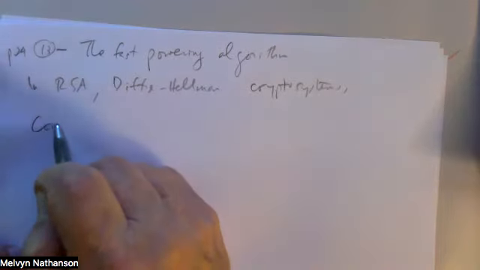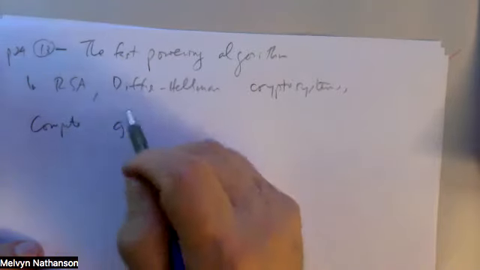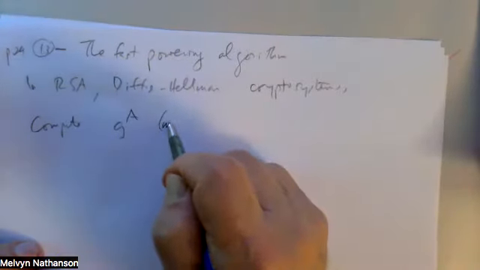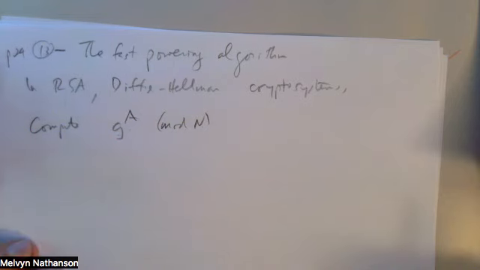So we want to compute G to the power A mod N. So you're given G, you're given N, you're given A. You want to compute this.